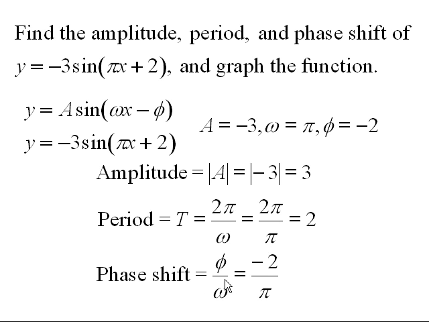And the phase shift is phi over omega, making it match the horizontal displacement from the general shifted equation. Phi was minus 2 that we identified, omega was pi that we calculated, so minus 2 over pi for the phase shift.